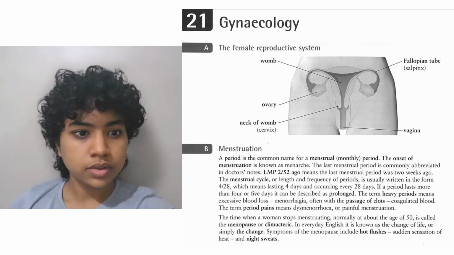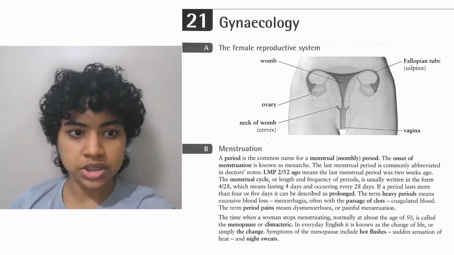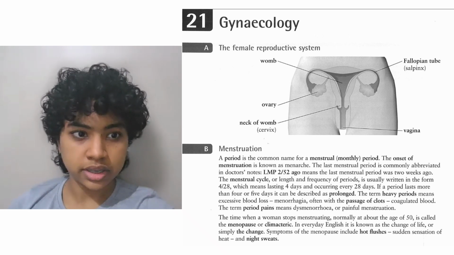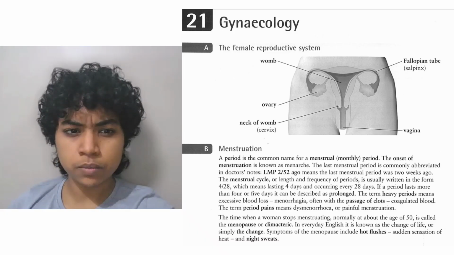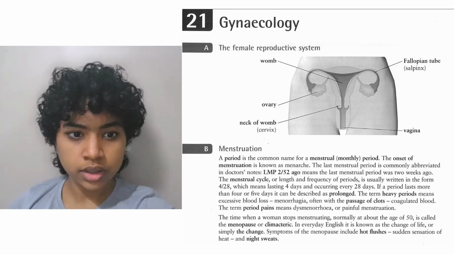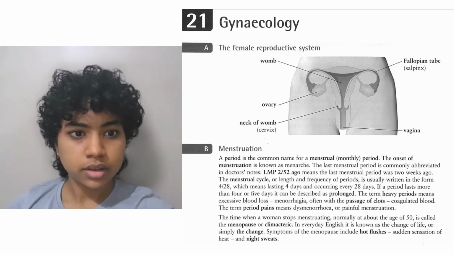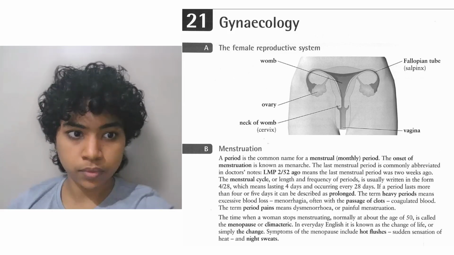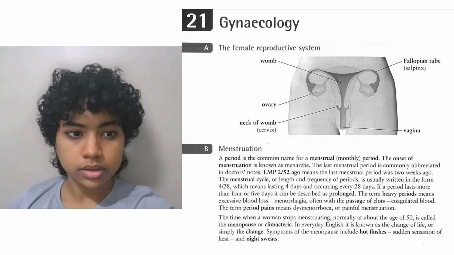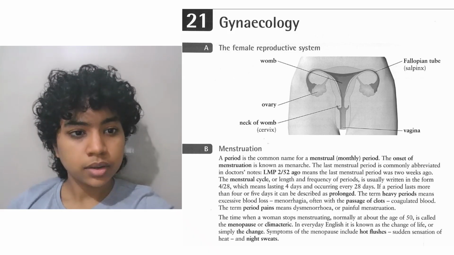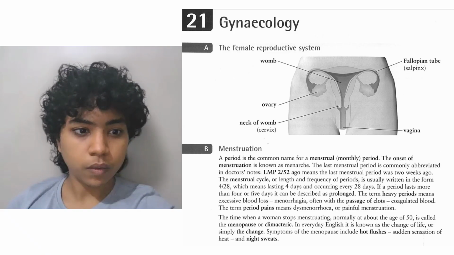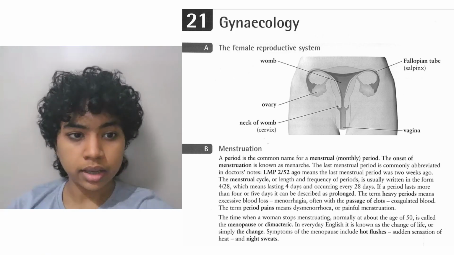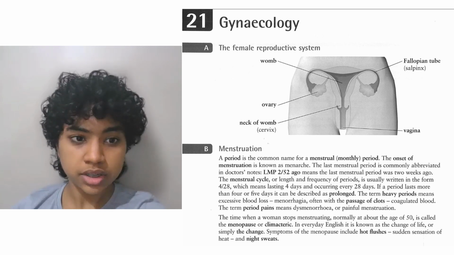The menstrual cycle, or length and frequency of periods, is usually written in the form 4/28, which means lasting 4 days and occurring every 28 days.